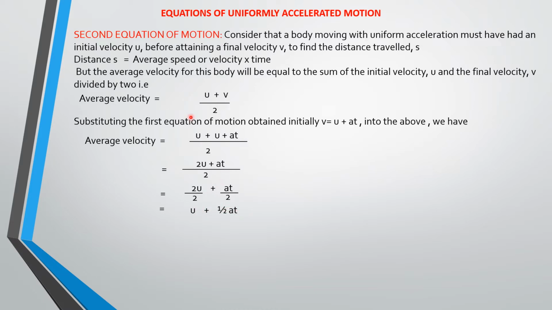Now you know that distance is equal to average velocity times time. This is what you know, that average velocity equals distance or displacement all over time taken, represented by s over t. So displacement over time is equal to the average velocity that we got.